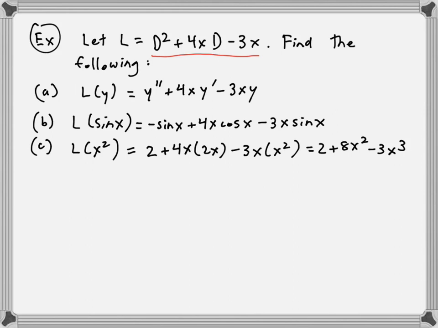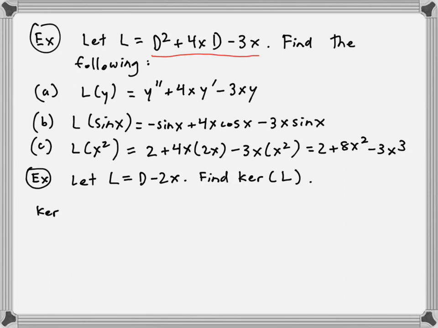Let's do another example, okay? This will be an interesting example because the linear map is a transformation. We could ask what the kernel of that transformation is, right? So let's let L be the map D minus 2x. Find the kernel of L. So what would the kernel of L be?